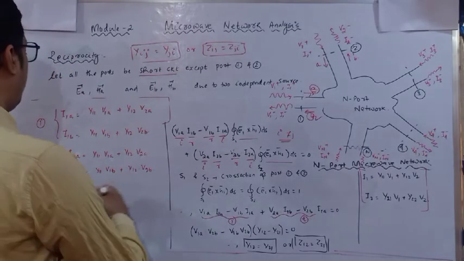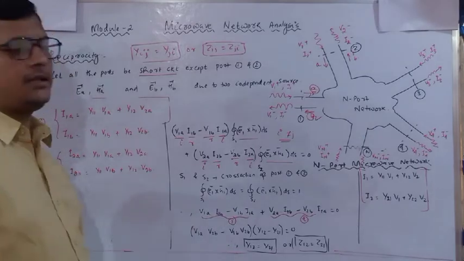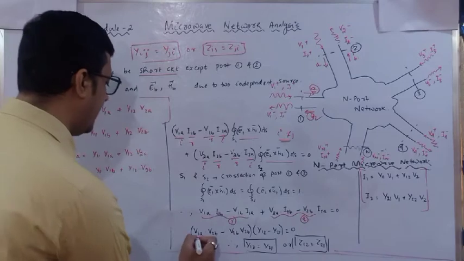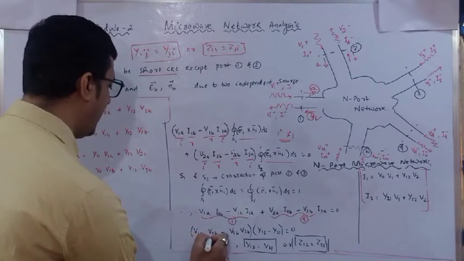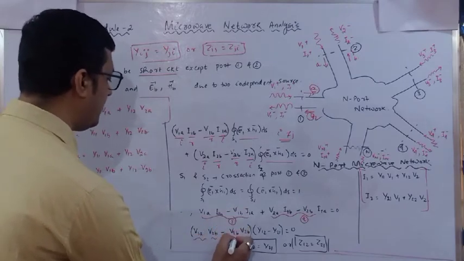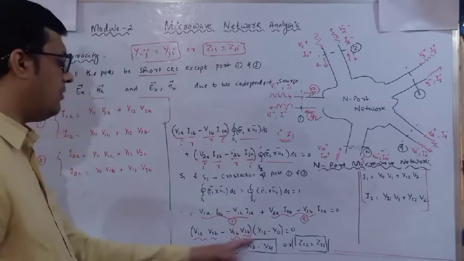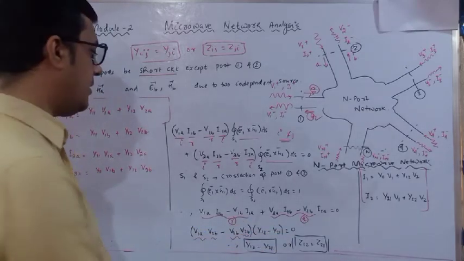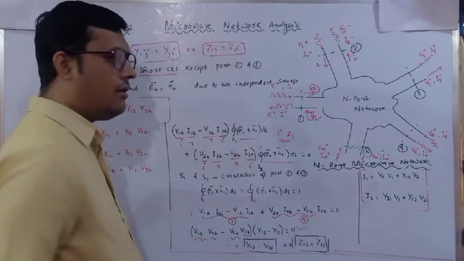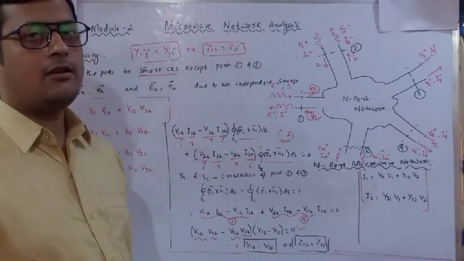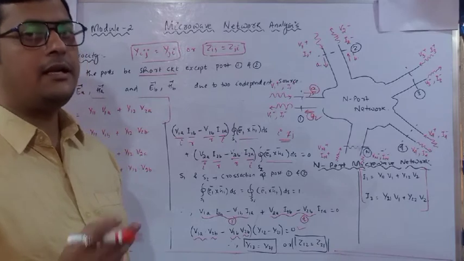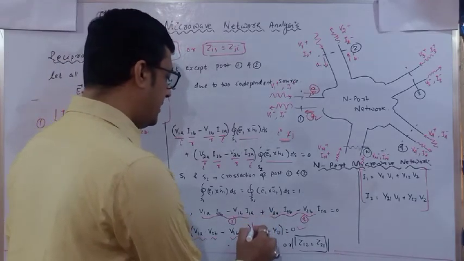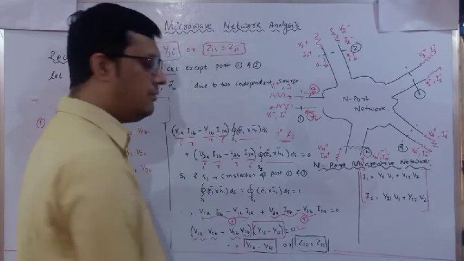Now once this representation is known, substitute it in this equation. After simplifying it, you will get (V1A V2B minus V1B V2A) whole into (Y12 minus Y21) is equal to 0. Since the potential cannot be equal to 0, the admittance term must be 0. So I will make this component equal to 0.